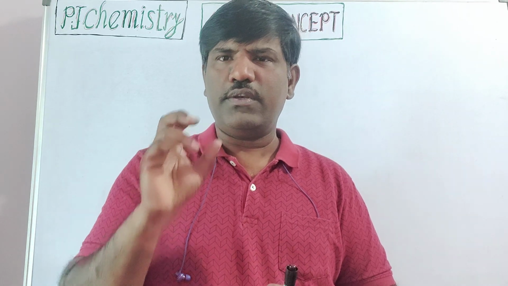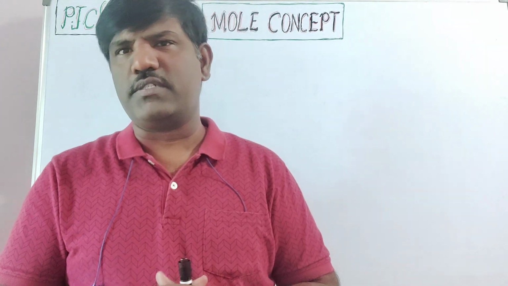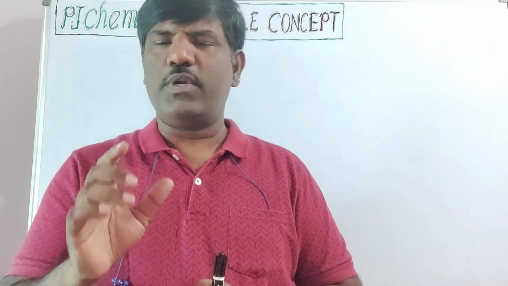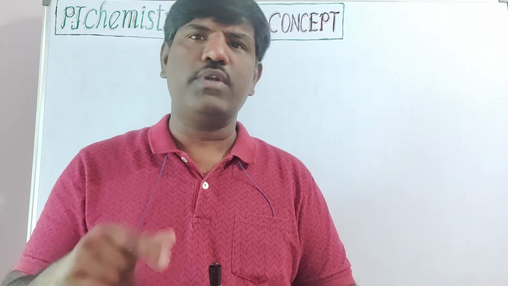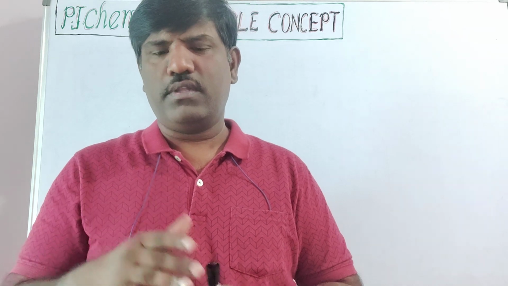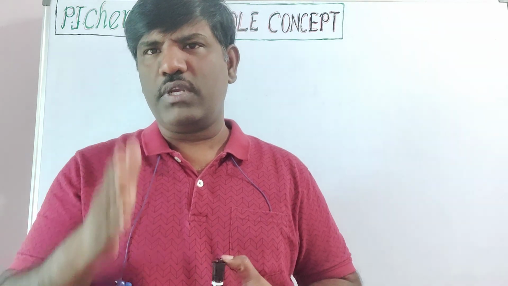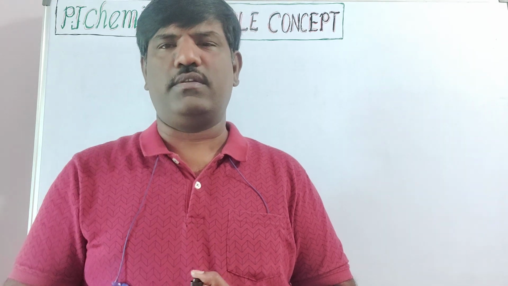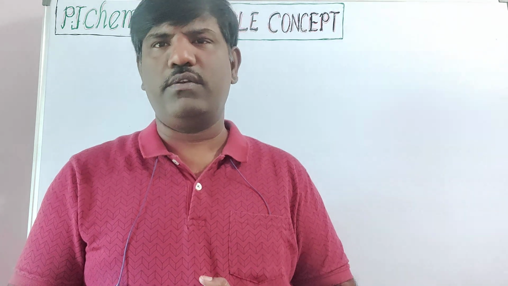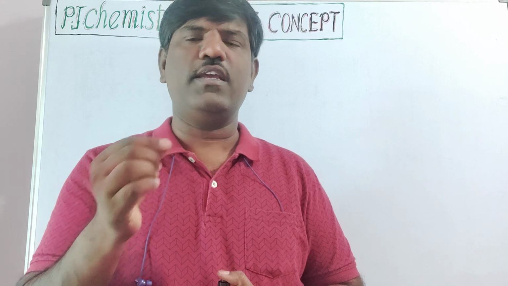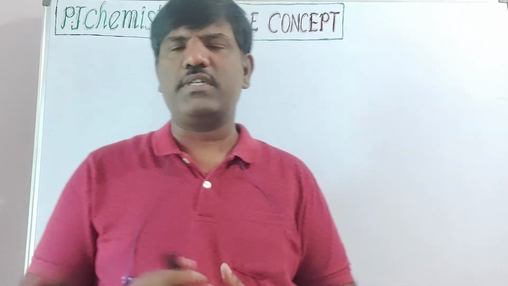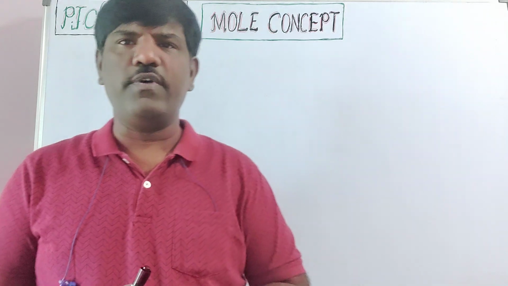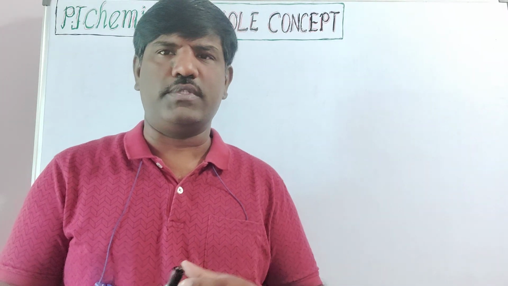The nucleus contains protons and neutrons, which together we call nucleons. When we cut the nucleons into 12 parts, one unit, 1 by 12th part, is what we call AMU. Already we discussed that 1 AMU is equal to 1.66 into 10 to the power of minus 24 grams.